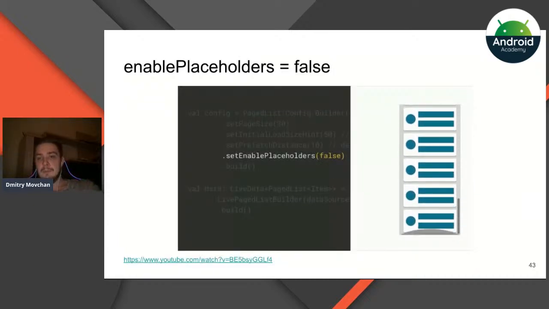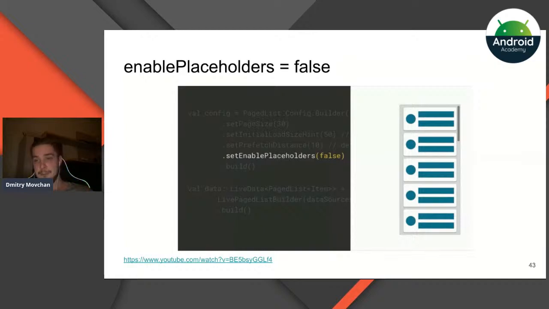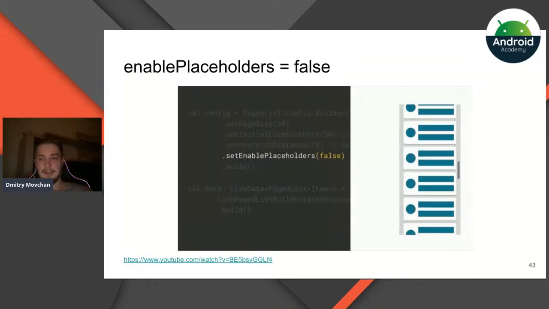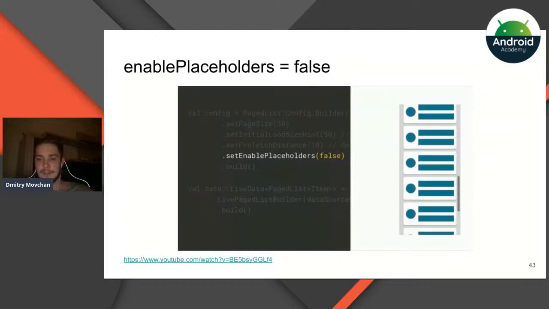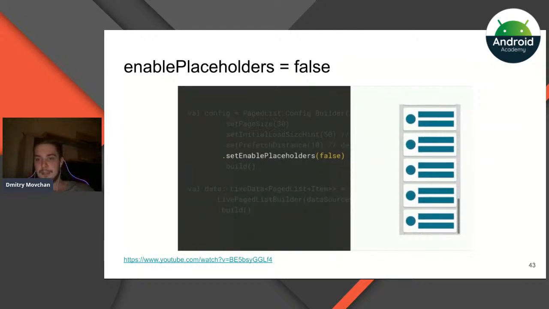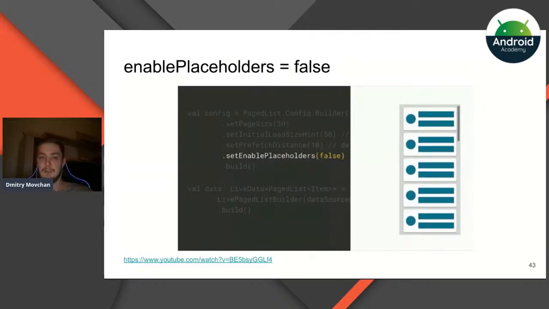There is also the enable placeholders option. It was added a long time ago. What is the problem we have with the paging library? Once we reach the end of the list, the scroll bar will be at the bottom, and you cannot see that something happened here, like data loading or an error. As we can see in the GIF, the scroll bar just jumps to the middle when we set enable placeholders to false.